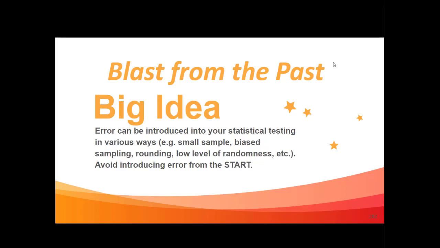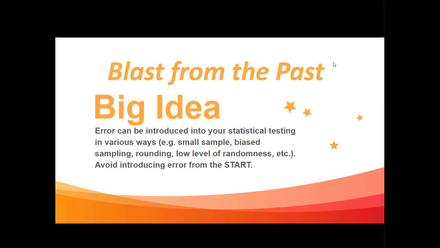So we want to avoid introducing error from the start. That's the plan, but you're never really going to be able to get rid of it, which means that you won't really know if at the end of your calculations you have the true population proportion based on your sample.